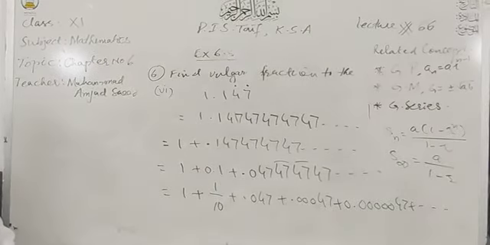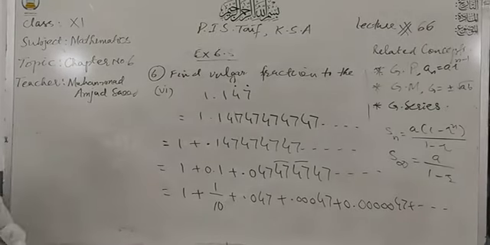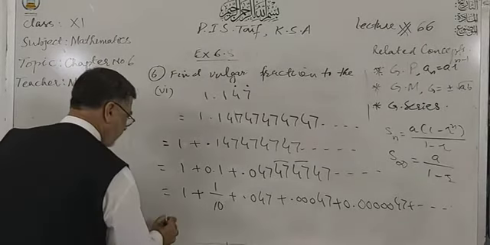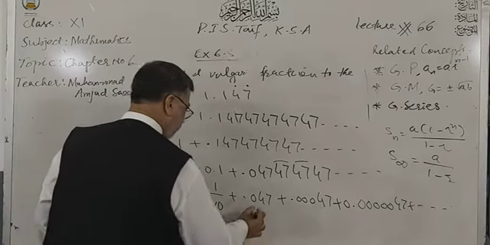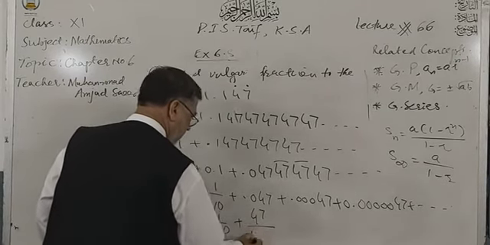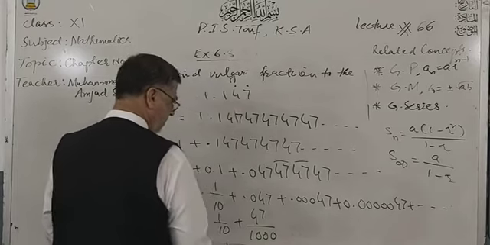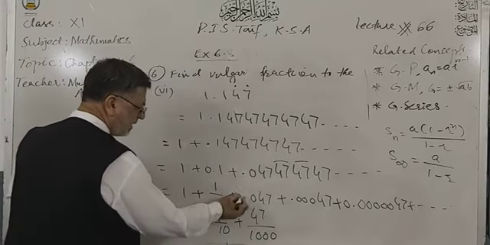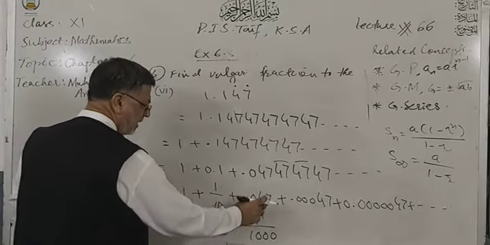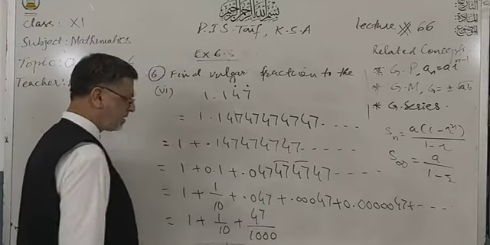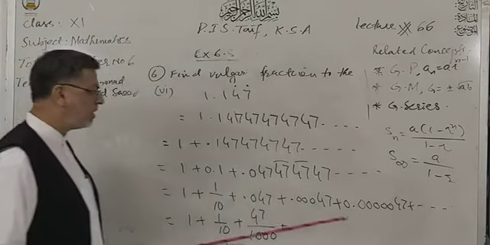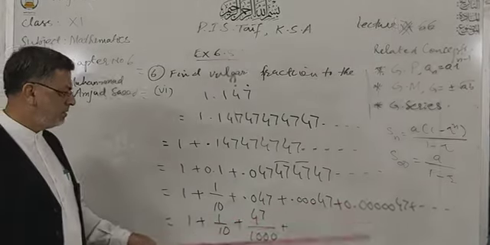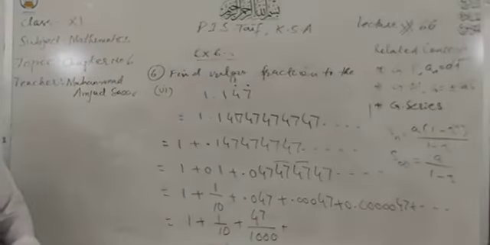So this will be 1 plus 1 over 10 plus 47 over 1000, and this is your series.